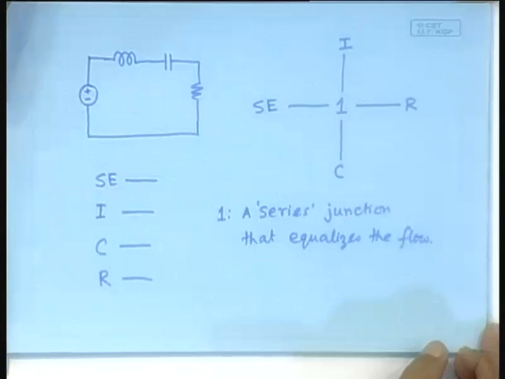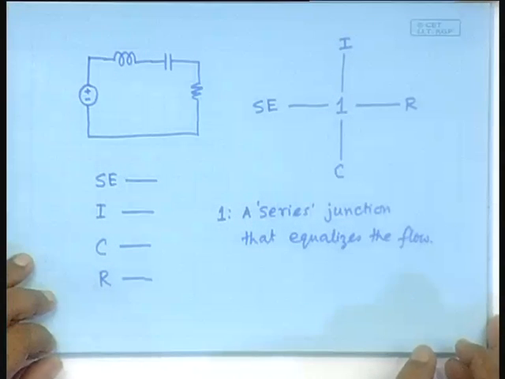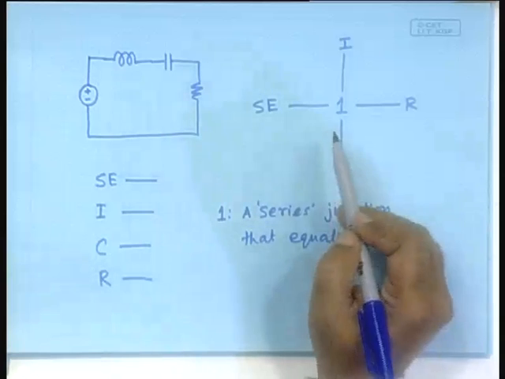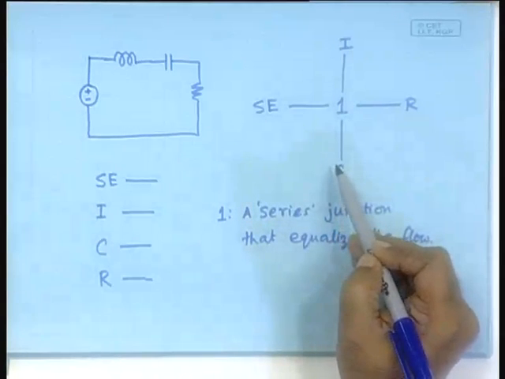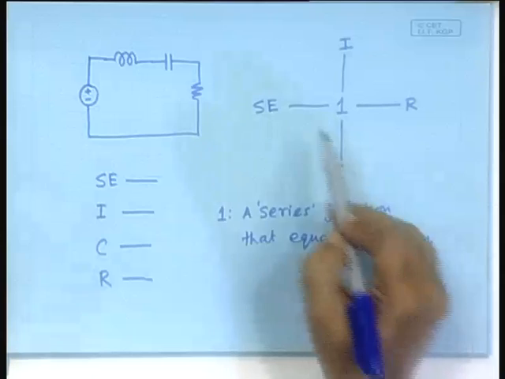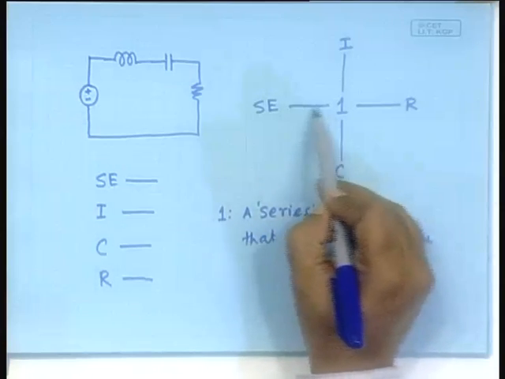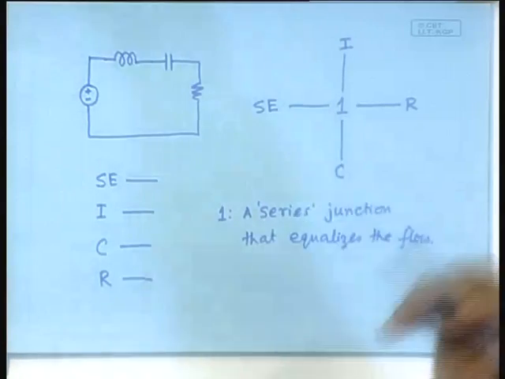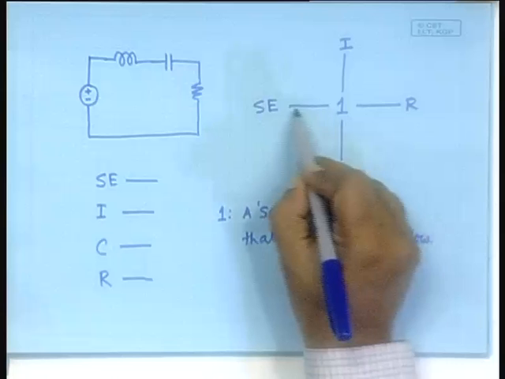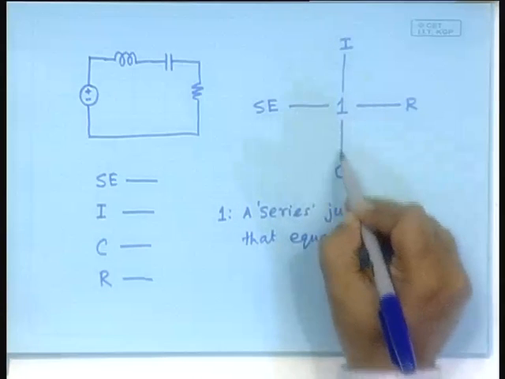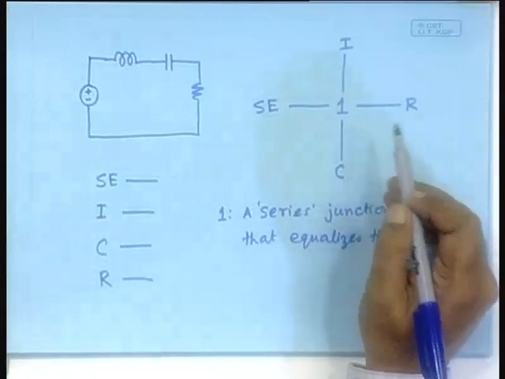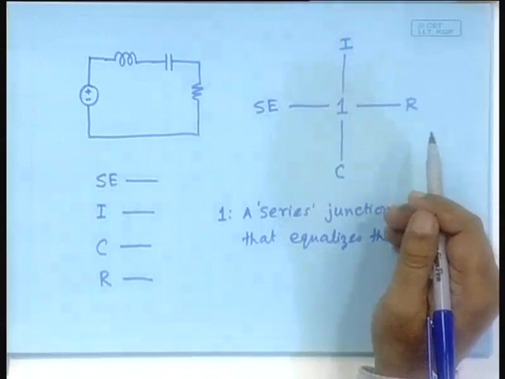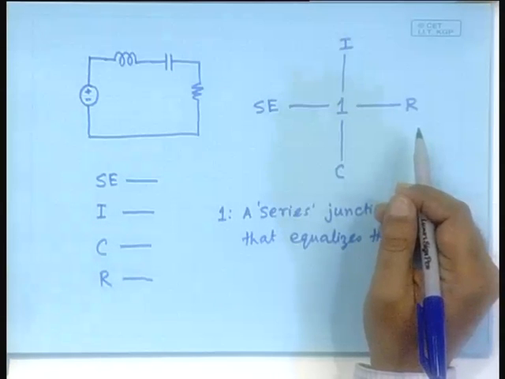Clear? Now, all these bonds will also carry power. There is a power going from here to here, or whatever the direction is. There is a power exchange between each of these, but the flows are equal and the power is a product of the flow and the effort. What does it mean? The efforts are summed up to 0.